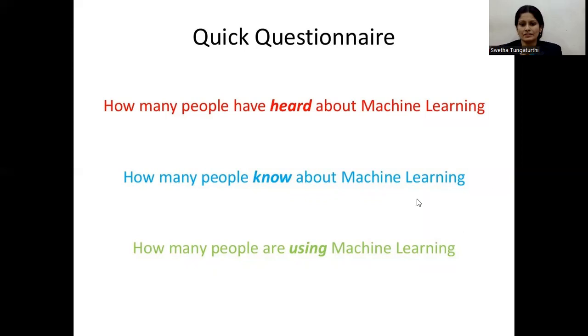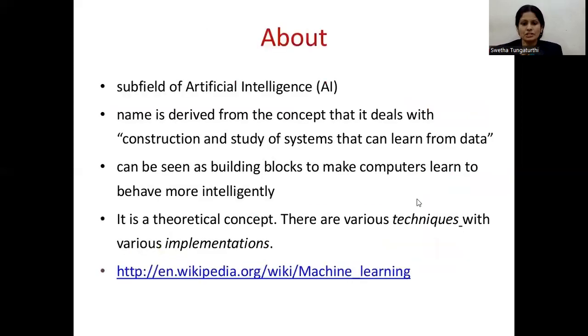Now, machine learning is a subfield of artificial intelligence. So it belongs to a subcategory of artificial intelligence. What exactly machine learning is, we will go through with a simple example.